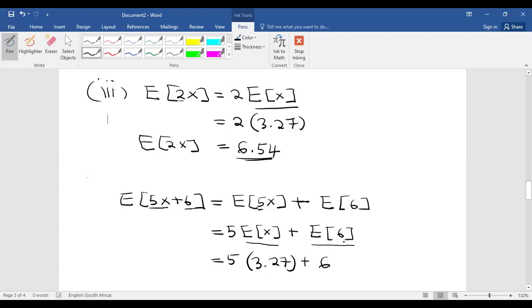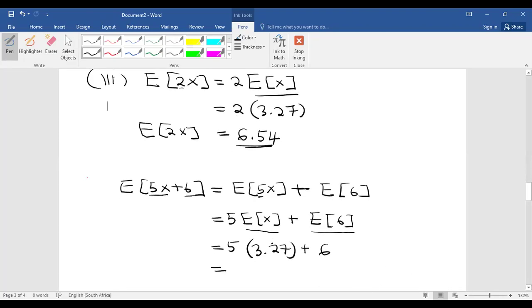Those with calculators can compute that for us: 5 times 3.27 plus 6. What do we get as our final answer, please? 22.35.